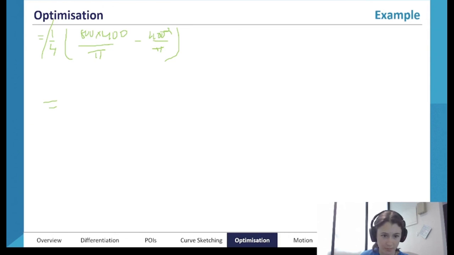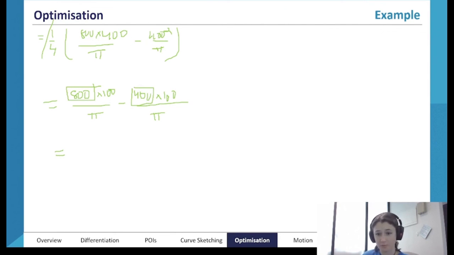So we're going to be left with 800 times 100 on pi, take 400, and we had 400 squared, so we're going to have 400 times 100 on pi. So these are again like terms because we have the 800 out the front of 100 times pi and the 400.